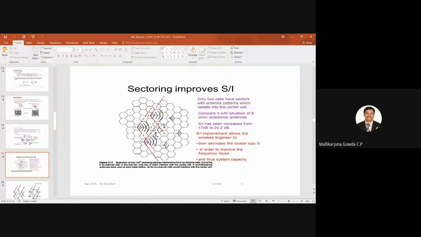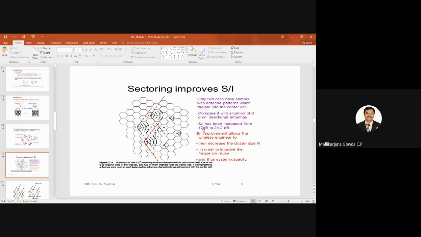In the first tier, the center cell will be there and the neighboring six co-channel cells. From the six co-channel cells, only from two sectors will the center cell experience interference. With that, the signal to interference ratio has increased from 17 dB to 24.2 dB.